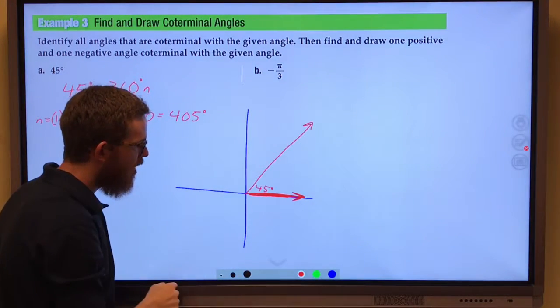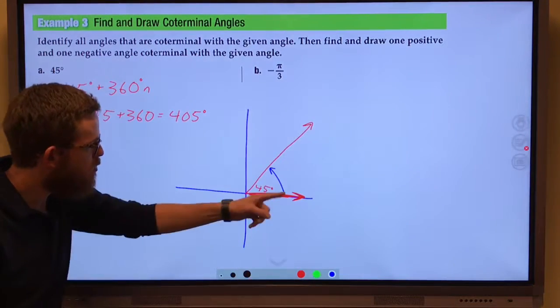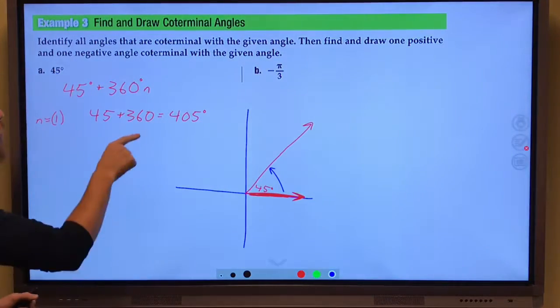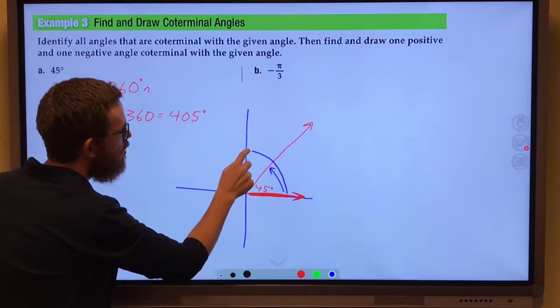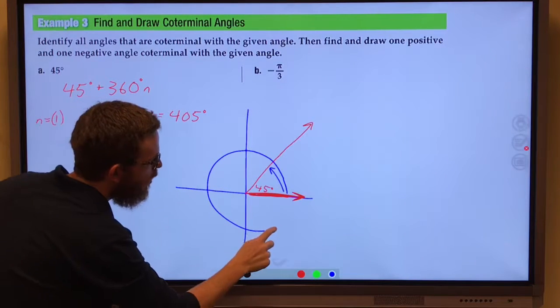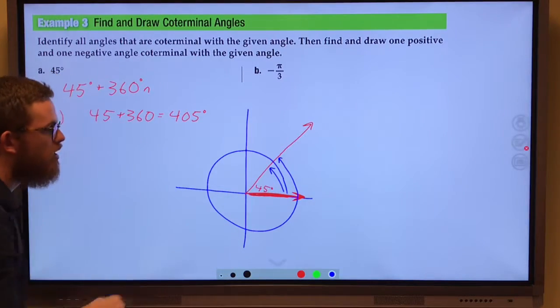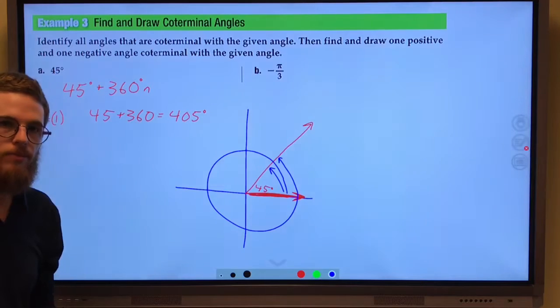So there's our 45 degree angle, starting from our initial to our terminating side. That's what we were given at the beginning, 45 degrees. But 405 degrees is positive, so we are going in this direction, but it goes all the way around, 360 plus 45, to end right there at the same terminating side.